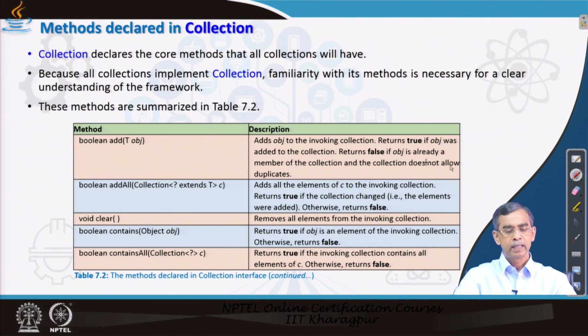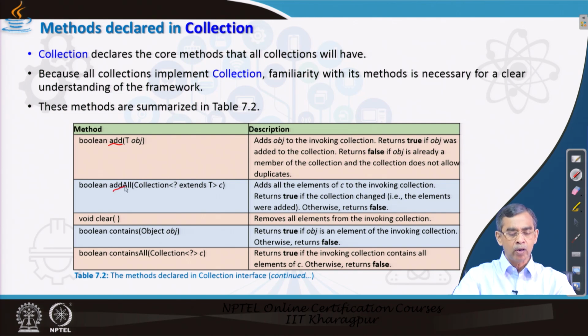Now, one method is called the add method. What is the meaning of this method? This method has an argument of a template type, any type of object. So, if you want to add an integer to a collection of integers, then you can use it. The add method, as the name implies, is used to add one element into a collection.